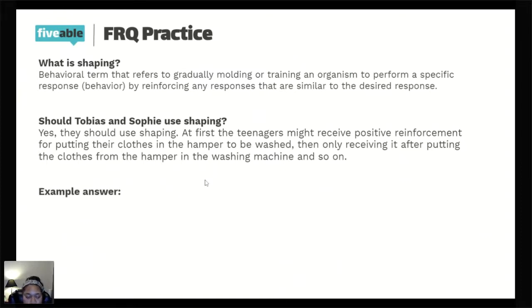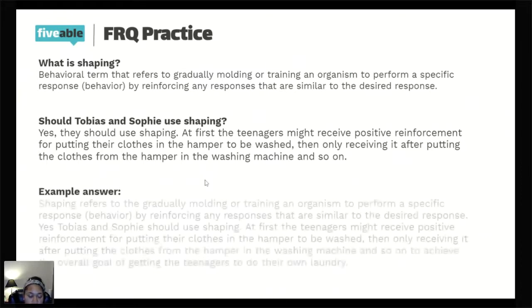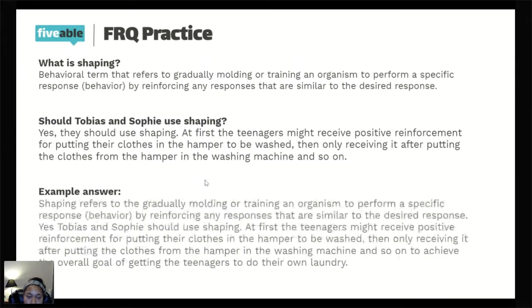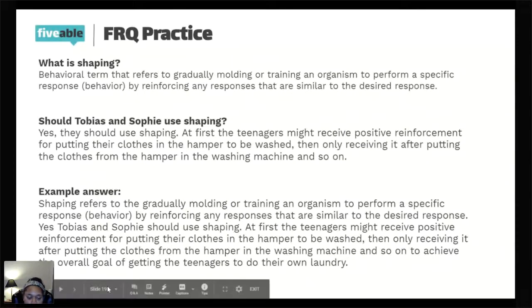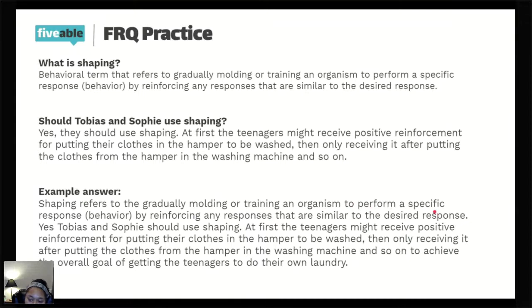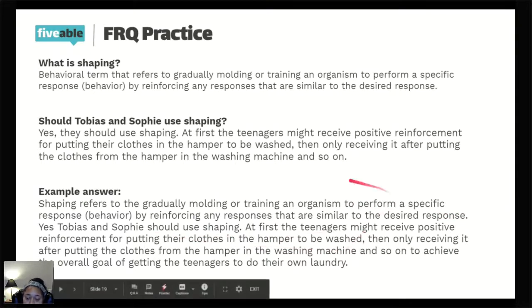So an example answer would be, shaping refers to the gradual molding or training an organism to perform a specific response behavior by reinforcing any responses that are similar to the desired response. So that is key. Anytime you see shaping, remember, reinforcing any responses that are similar to the desired response. That will help you every time you see shaping.